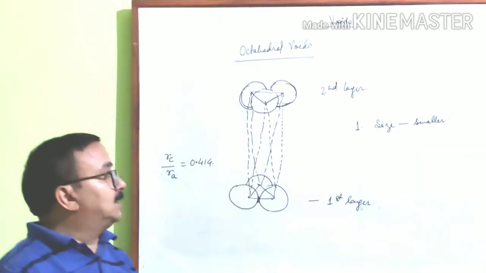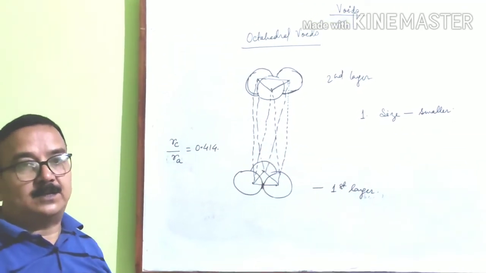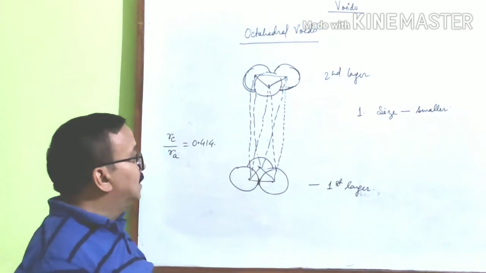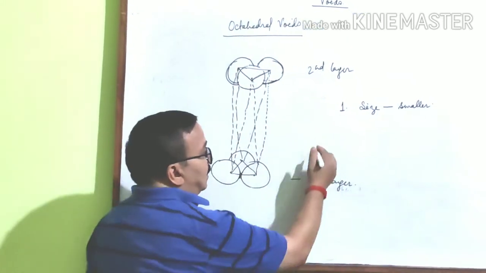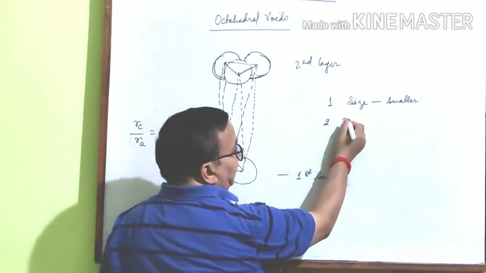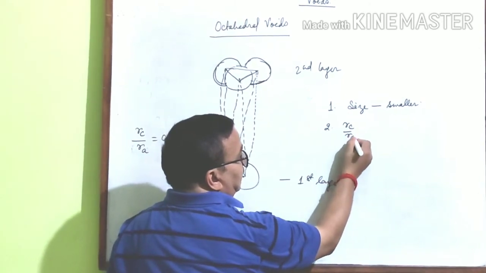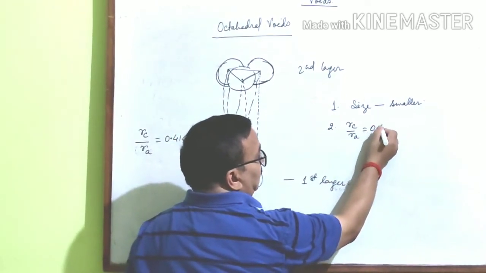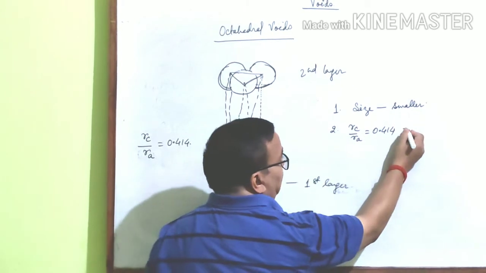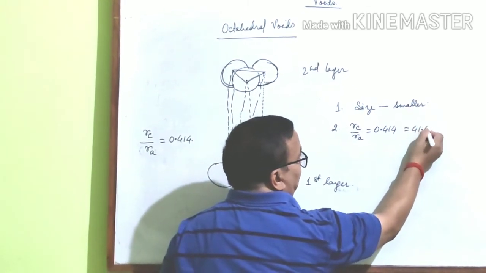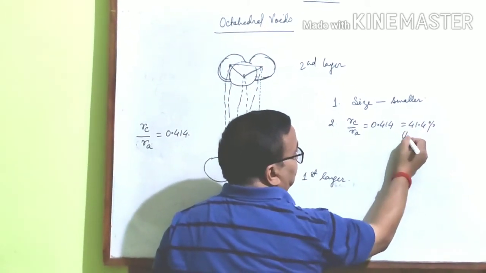Number 2, the radius of cation by radius of anion is equal to 0.414, that is 41.4% that of the sphere.